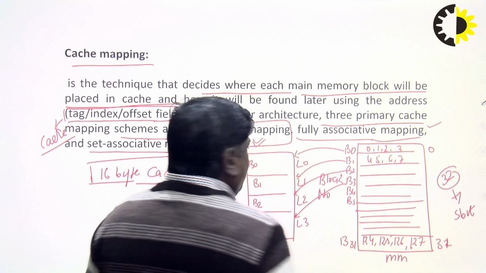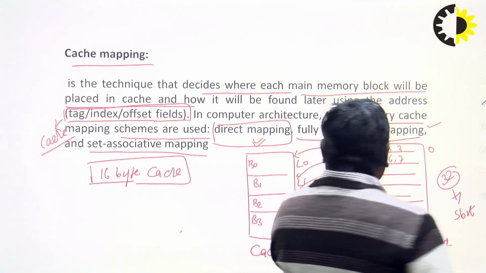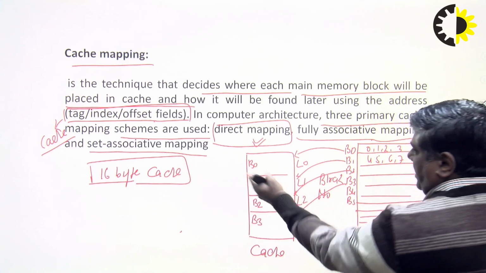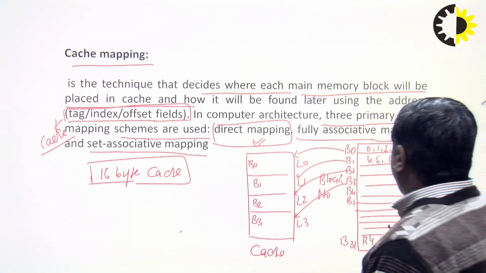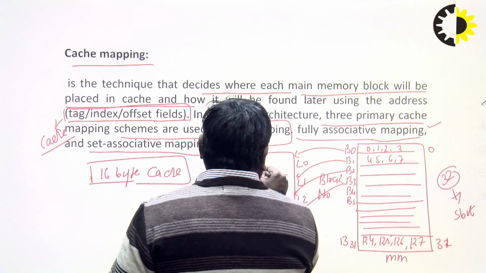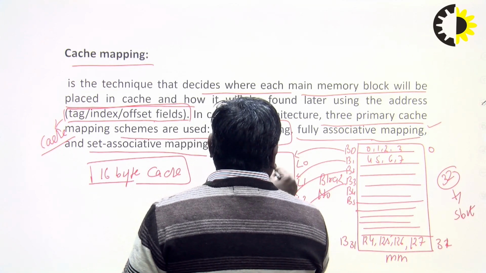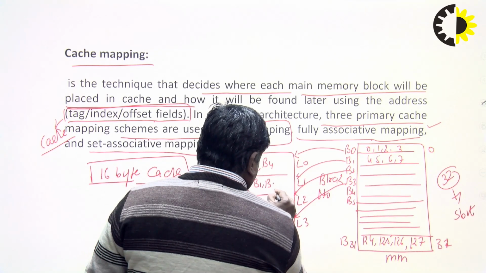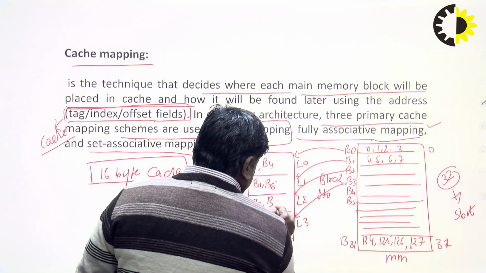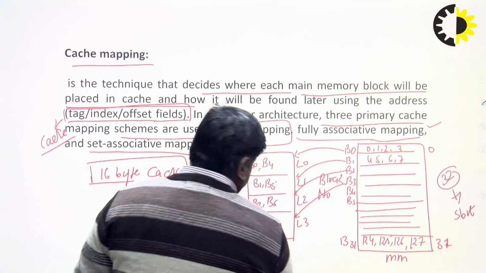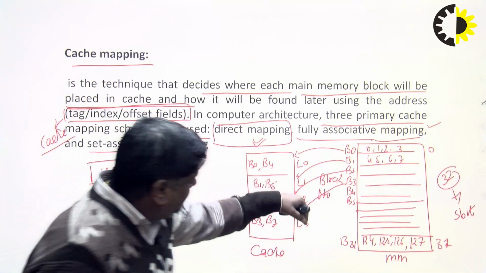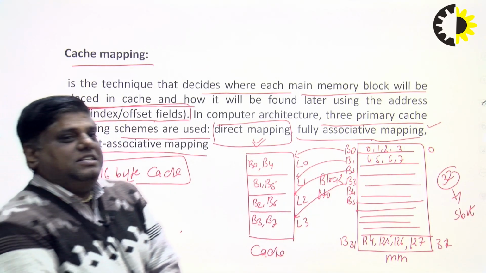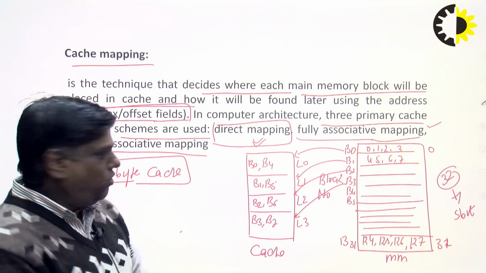Then how can the other blocks be accumulated into the cache? Now block B4 can be accumulated in this block. Now B5 can be accumulated in this block, and B6 and B7. This is how the direct mapping method is performed.